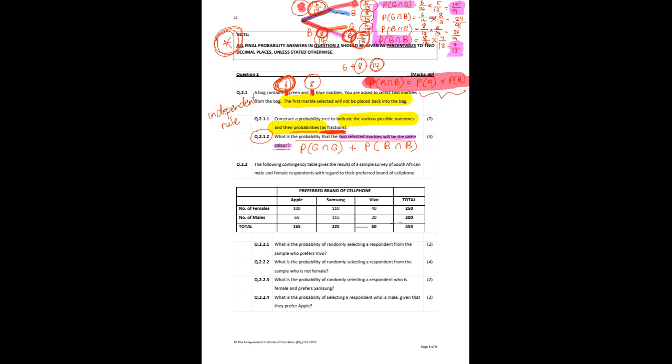So 15 over 91 plus 4 over 13 would give you 43 over 91, which as a percentage to 2 decimal places is 47.25%. Okay, so that's the first part of question 2.